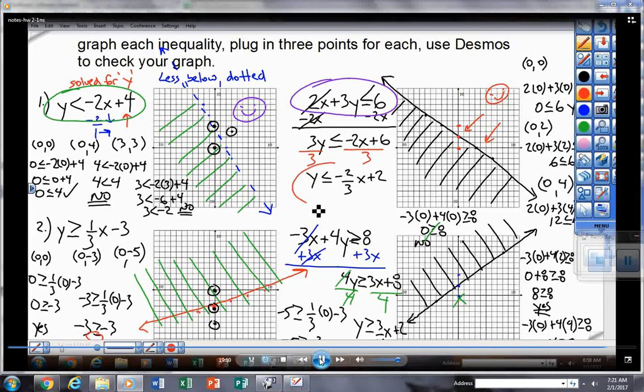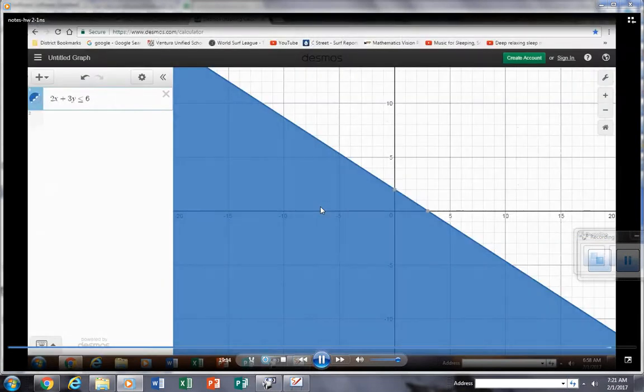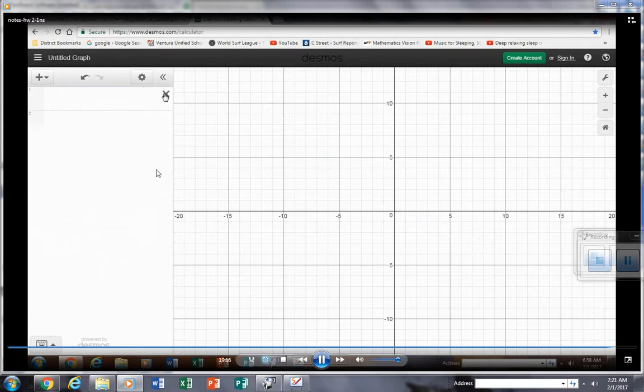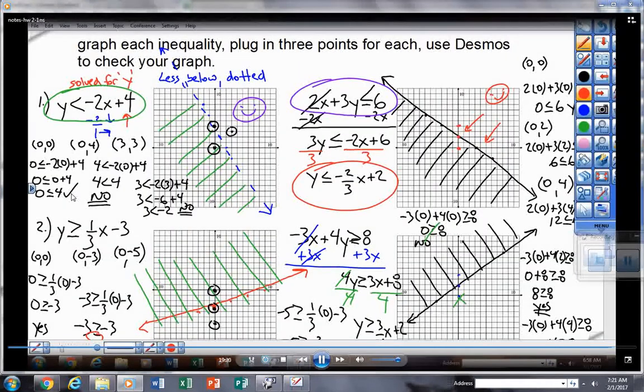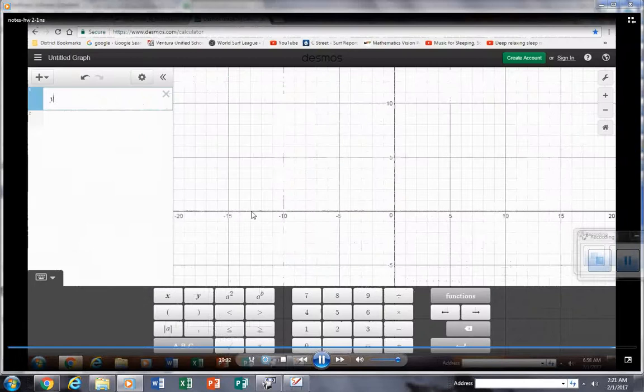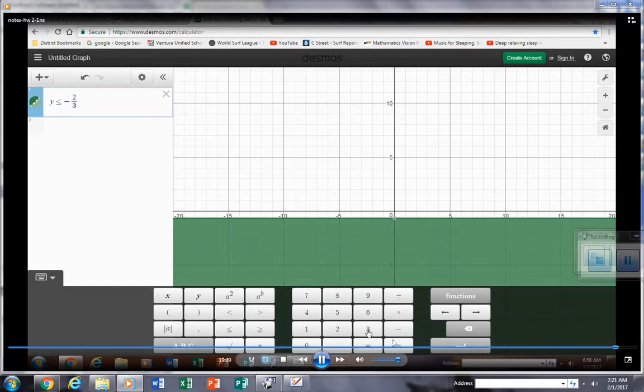Now I'm going to plug in this one to show you that you could plug in the same equivalent inequality and get the same graph. So I'm going to clear that out. These are a little trickier, but you could type these in too. So y less than or equal to, for the fraction, you hit the top number. Oh, got to make that negative. And then hit division. And then don't hit x down here. I got to erase that. And you want a space before you hit that x.